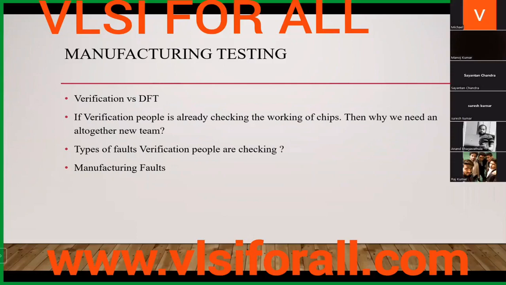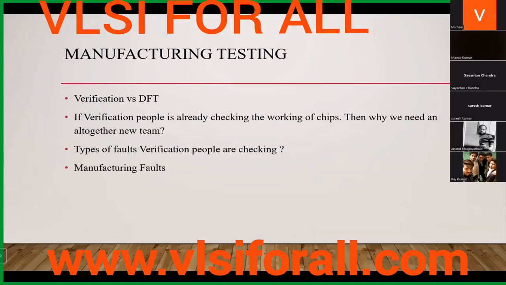We generate the patterns, then pattern simulation, then running those patterns on an ATE. ATE is a very big equipment. In India, generally where the fab is, the ATE is present there. ATE is basically the automatic test equipment. You put your pattern over there, and you have a chip already fabricated and you want to run the patterns generated by DFT people on that actual chip.